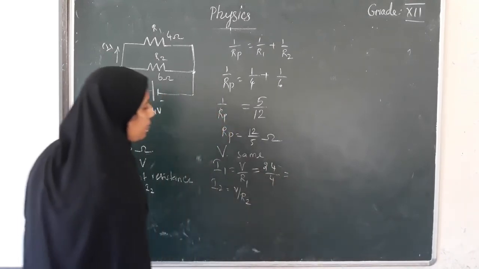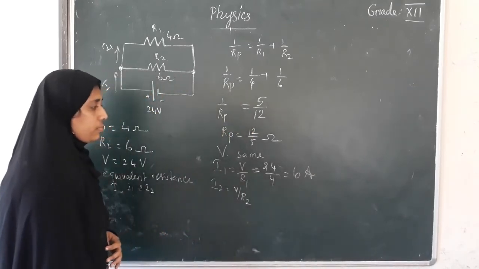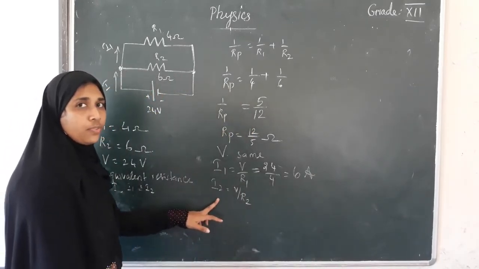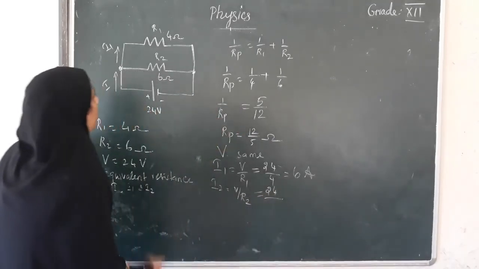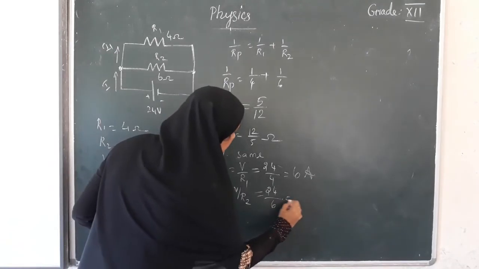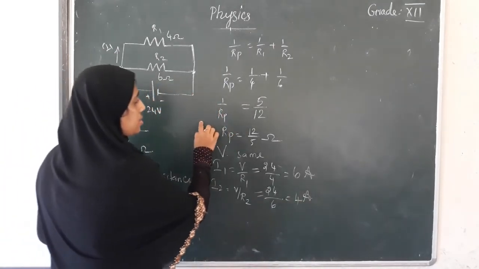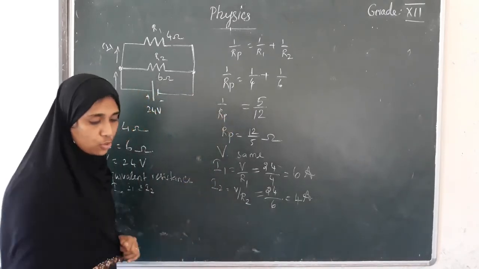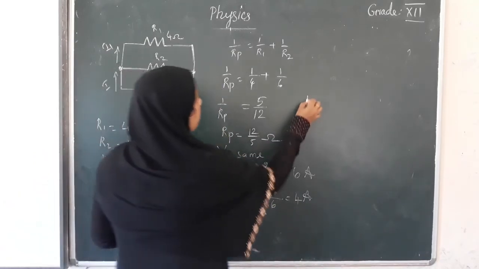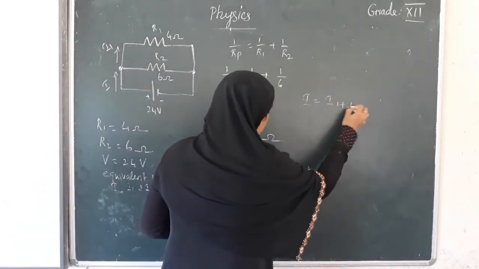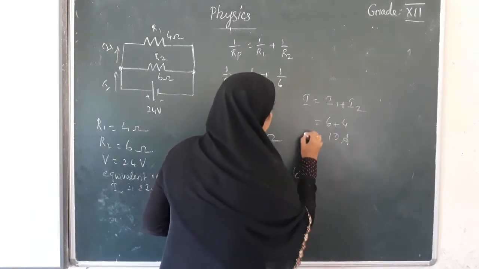So the answer is 6 ampere. Next, I2 is equal to V by R2, that is 24 by 6, so the current is 4 ampere. So the equivalent resistance we have calculated, and I1 and I2 also. Now find the current I. I is equal to I1 plus I2, that is 6 plus 4, which is equal to 10 ampere.